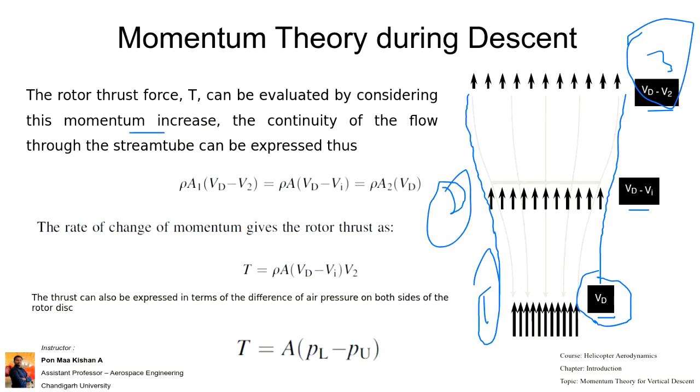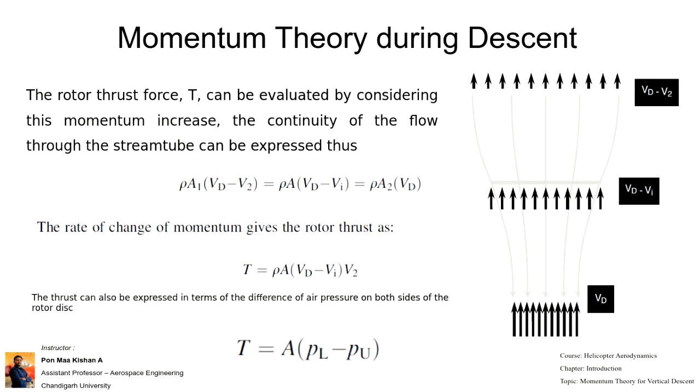Taking into consideration the momentum change as well as the rotor thrust force, the continuity equation will be considered, and the mass flow rate is given as rho A Vd, V2, which is equal to rho A Vd, V1, and rho A2 V. I have given the area image over here.